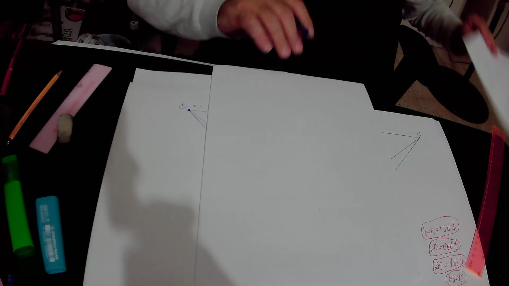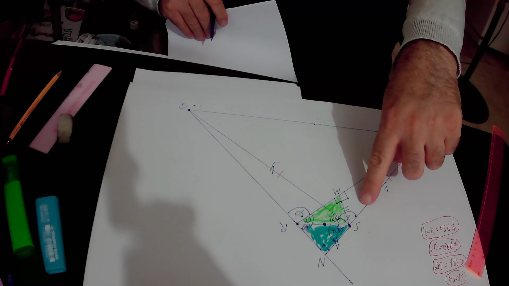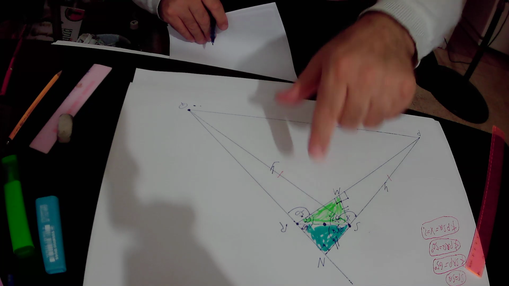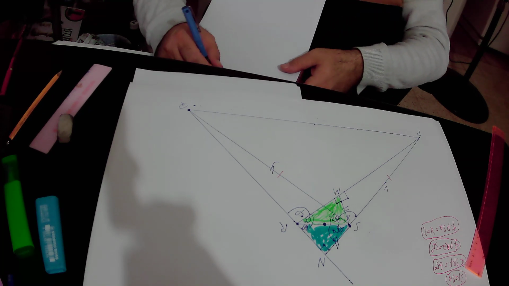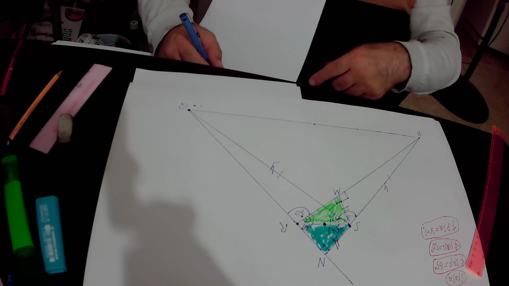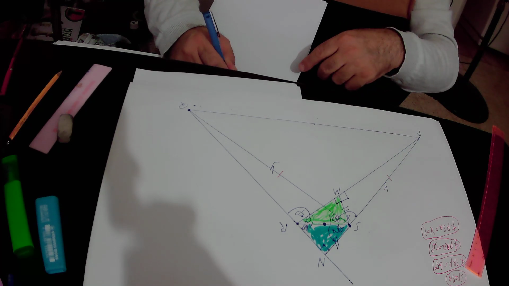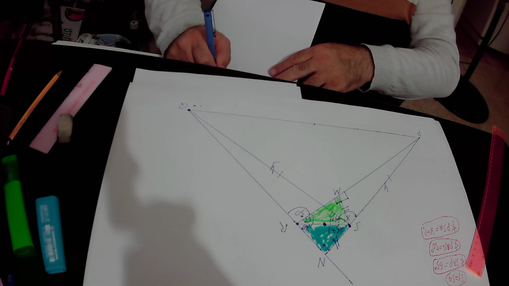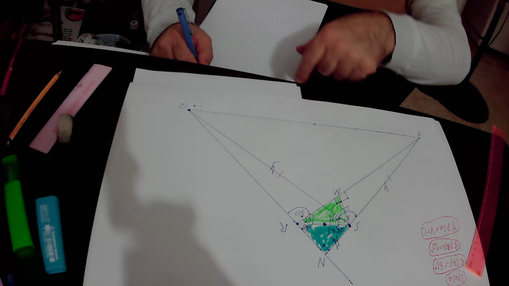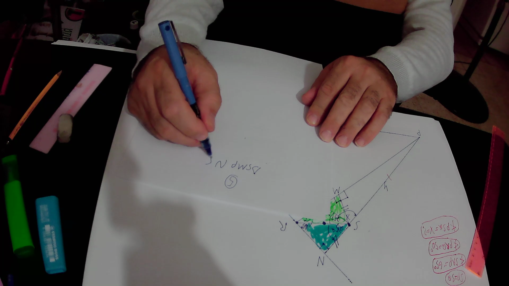So we actually proved that three sides of this right triangle are correspondingly equal to three sides of this right triangle. Therefore, we proved that the right triangle SMP is congruent to the right triangle SNQ.